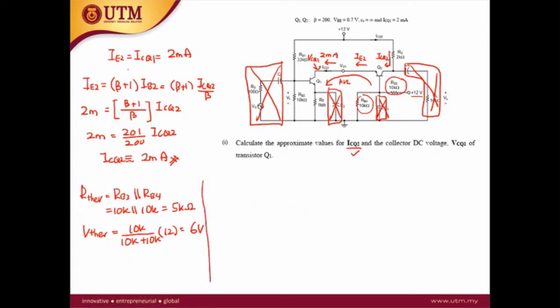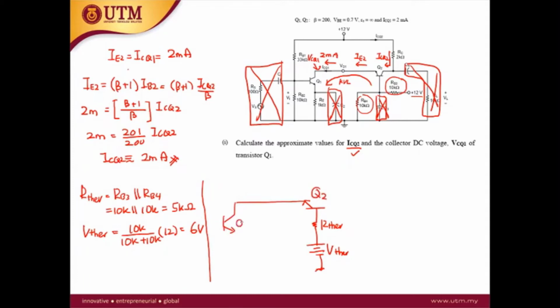So if I redraw this part, at the Q2, this is the V Thevenin and this is the R Thevenin. And then this is Q2.